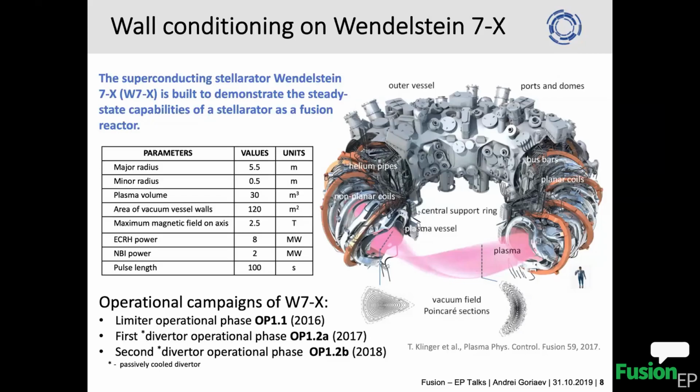There will be a new divertor installed, an actively cooled divertor. As you can see, with the passively cooled divertor we can reach a pulse length of 100 seconds. The aim of the new divertor is to reach a pulse duration of 30 minutes. Quite ambitious. I hope it will work, but we will move further.